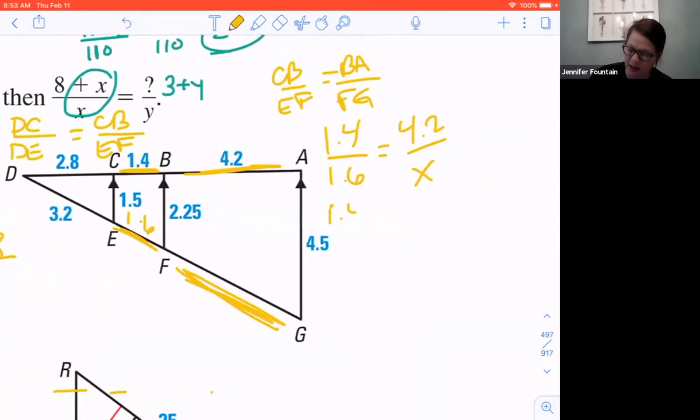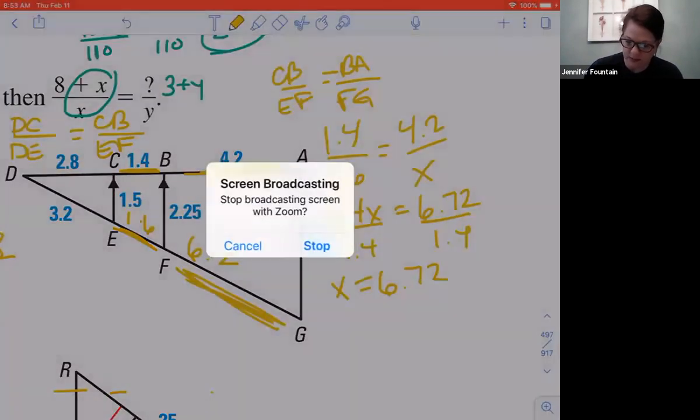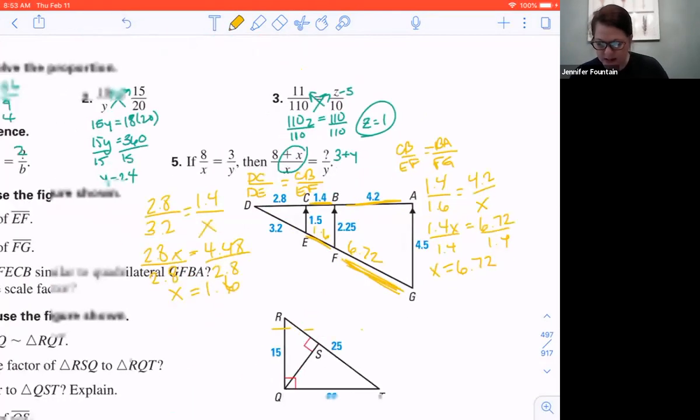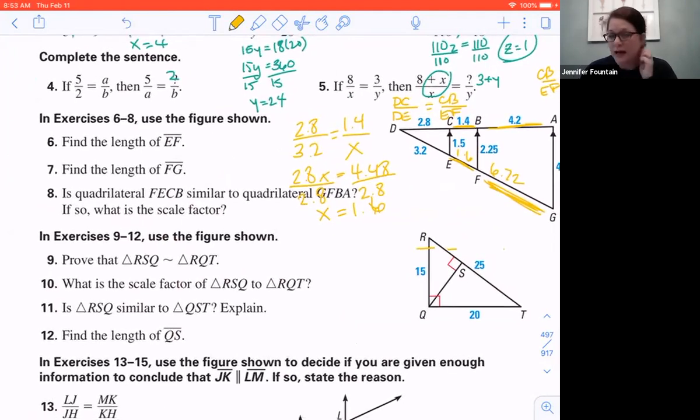Again, I'm going to cross multiply, and 1.4x is equal to 4.2 times 1.6, and that'll be 6.72. Divide by 1.4, divide by 1.4, and x is equal to 4.8. So now we have found FG, 4.8. Okay, so that is, Clara, we are on page 519, going over the chapter 8 test as a review for the test.